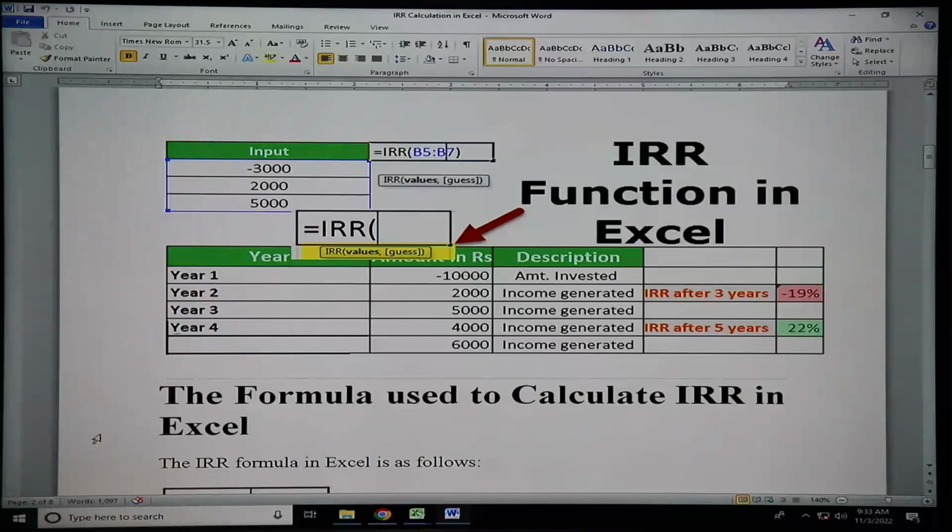So I hope now you have completed typing the data. So let's have it in our worksheet.